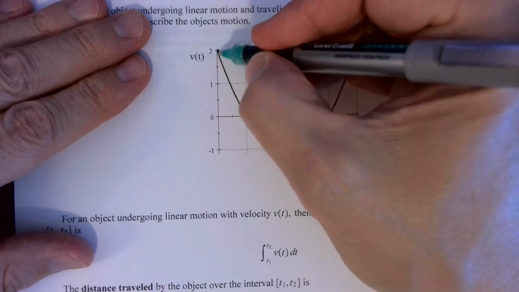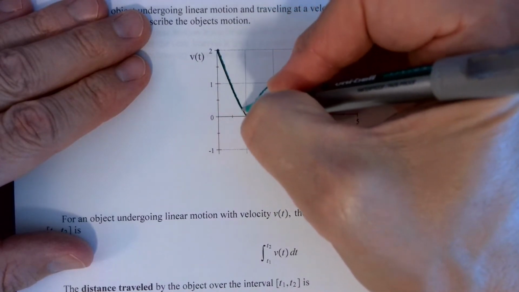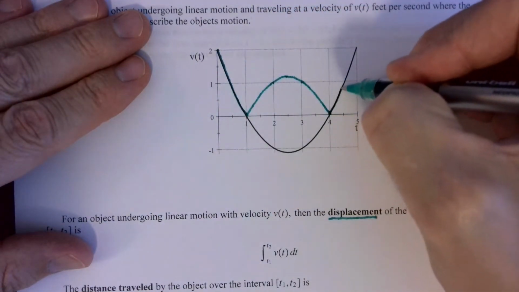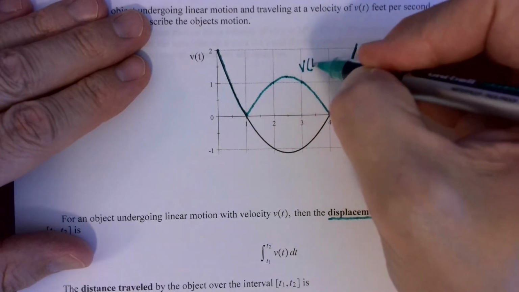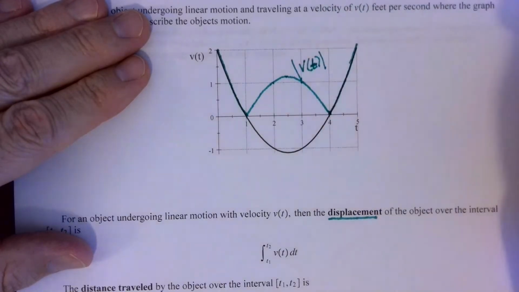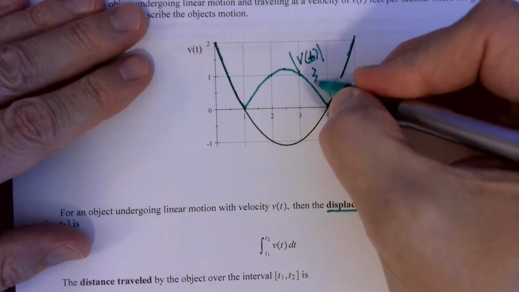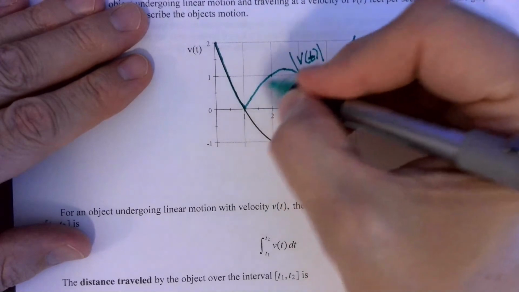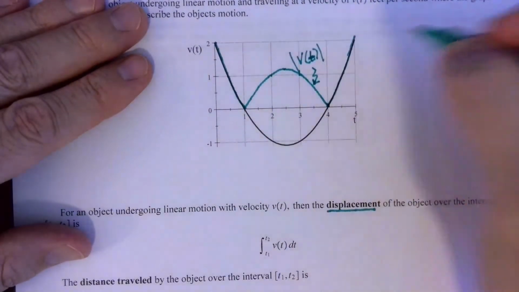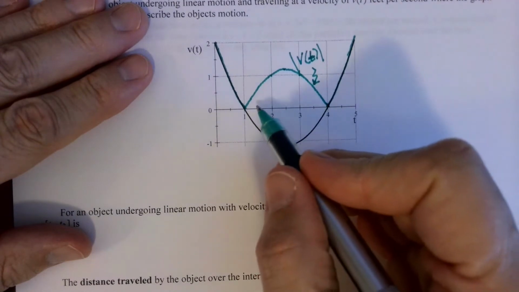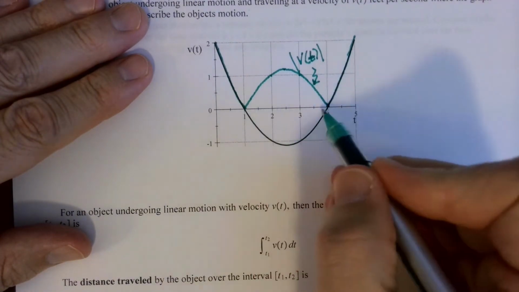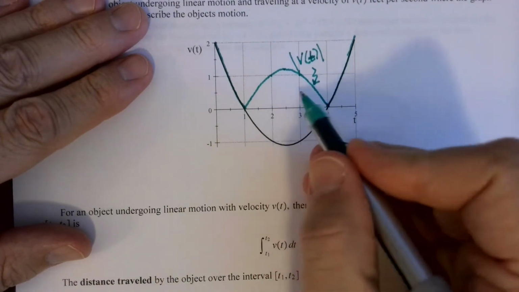So let me sketch a graph from here and here. This green one is the absolute value of v of t. That's what this graph is here. So this looks like a W or something, right? Now when we integrate from 1 to 4 of this function, we're going to get this area above the x-axis under this curve, and it's positive.